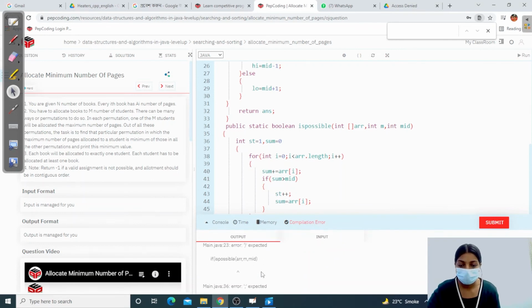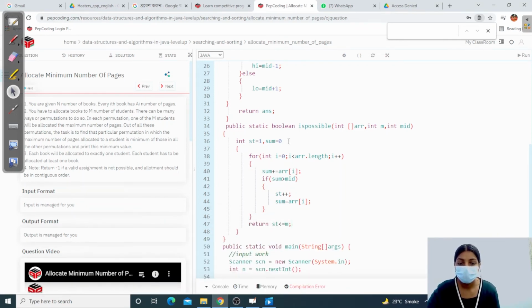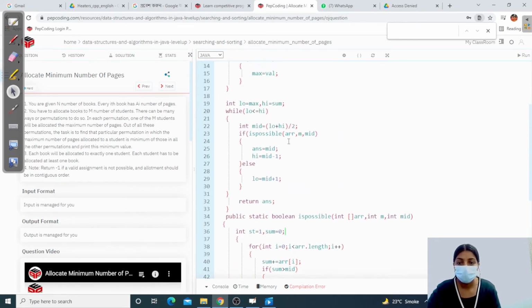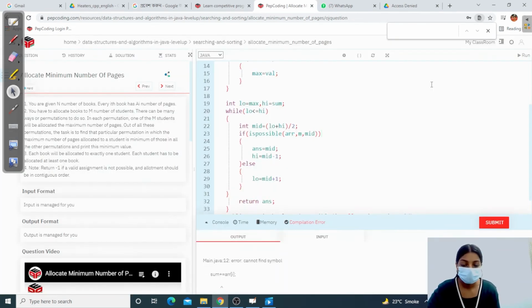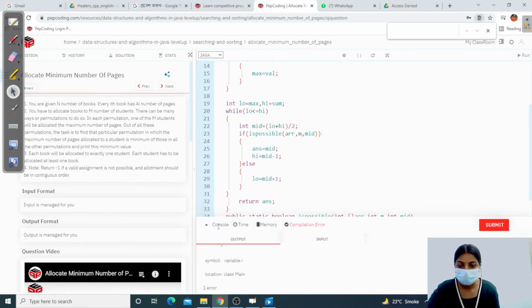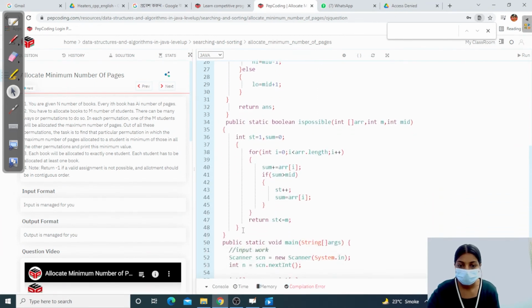Okay, there is some error. Let's try to run this code. There's sum plus equals arr of i. Cannot find symbol sum. Okay. For int i equals 0.